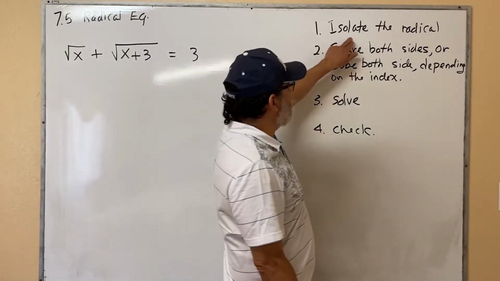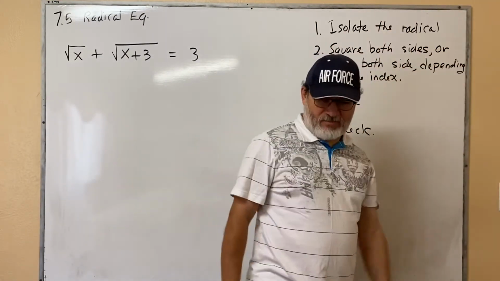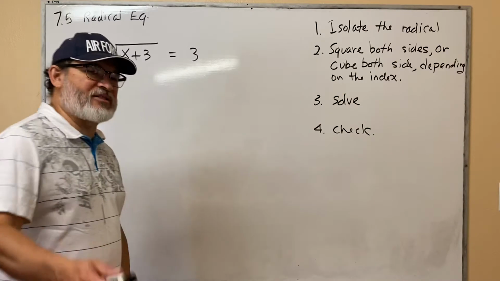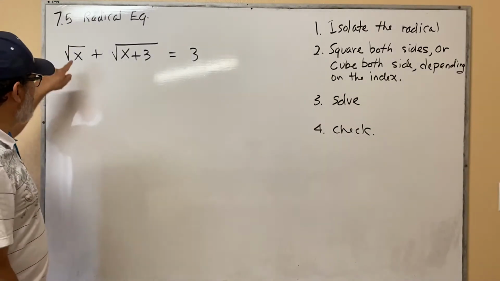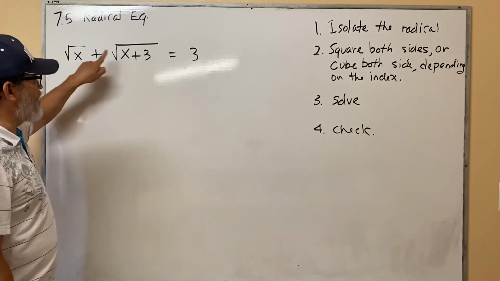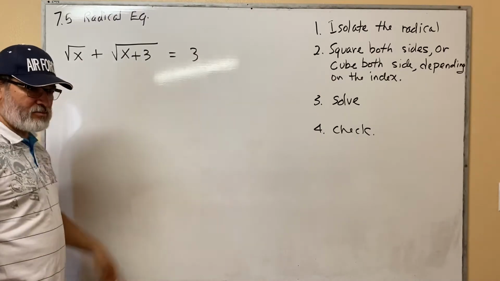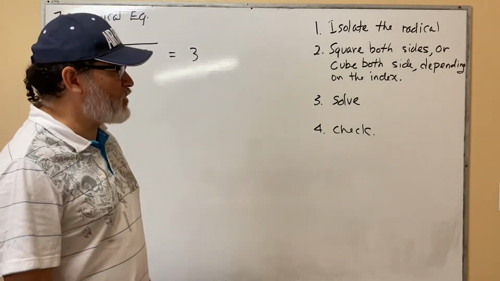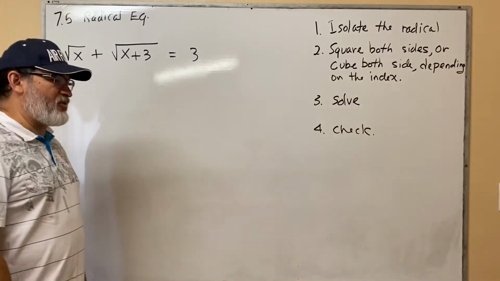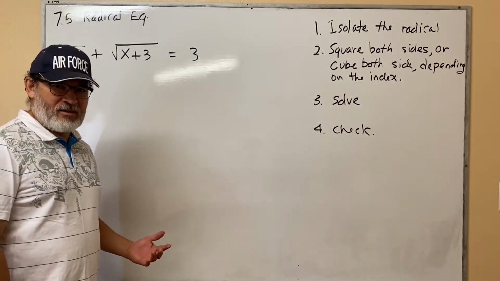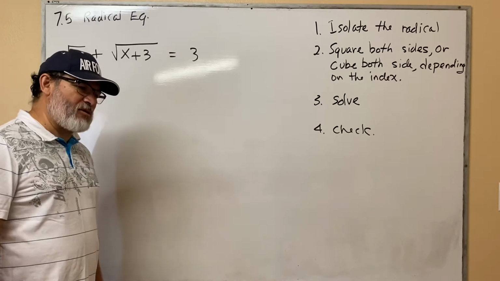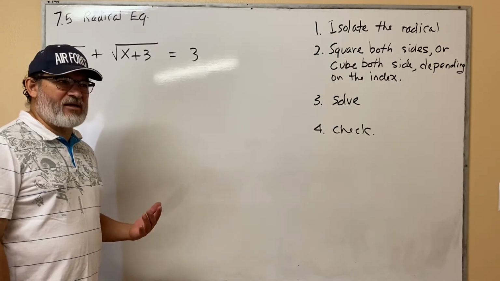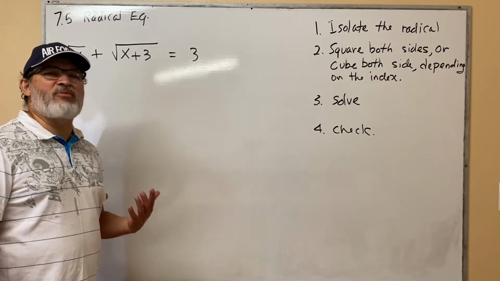So we're going to isolate the radical. Problem here is that we have 2 radicals. We have this radical and we have this one. No problem. Let's isolate one of them. In theory, it doesn't matter which one. But it makes it easier if we isolate the more complicated radical.